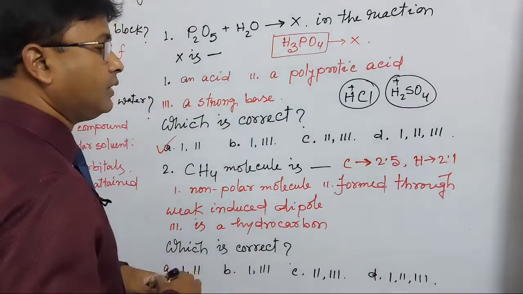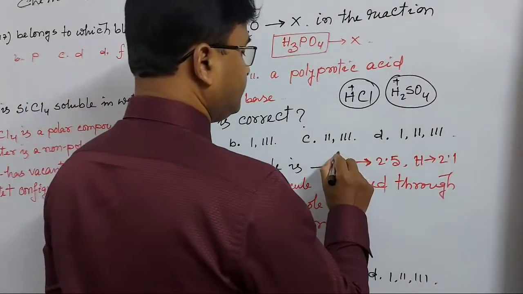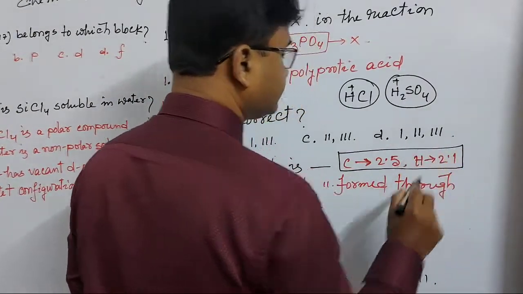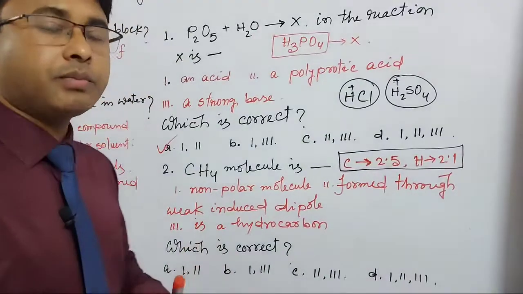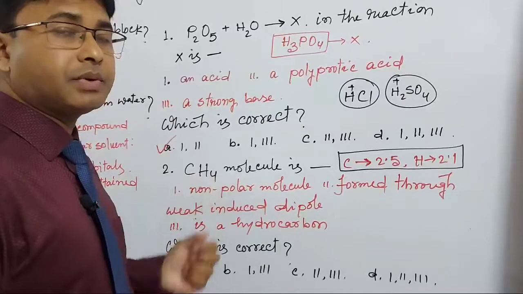So if you observe the difference of electronegativity between carbon and hydrogen, you will see that the difference is below 0.5. So of course it will not be polar.